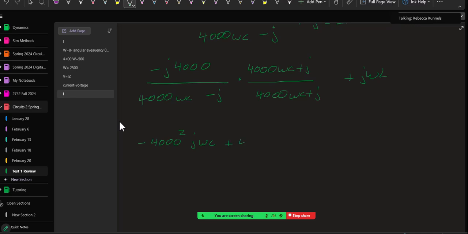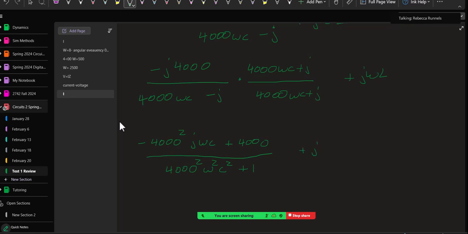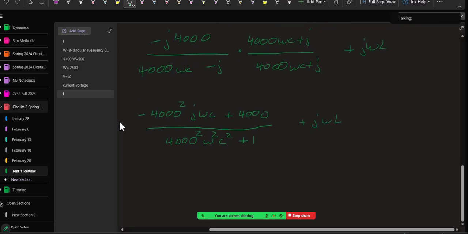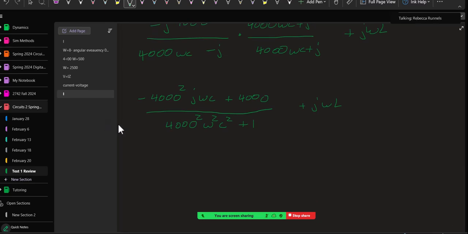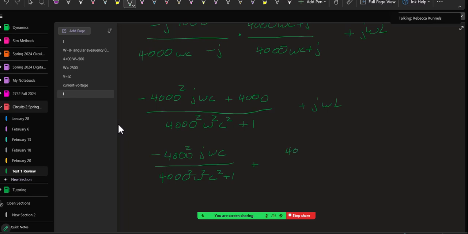So then that would be plus 4,000 over, and then in my denominator I get 4,000 squared omega squared C squared plus 1, plus j omega L. And so this is minus 4,000 squared j omega C over 4,000 squared omega squared C squared plus 1, plus 4,000 over 4,000 squared omega squared C squared plus 1, plus j omega L.